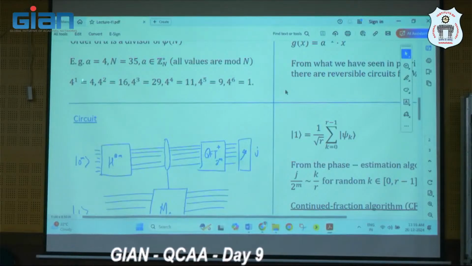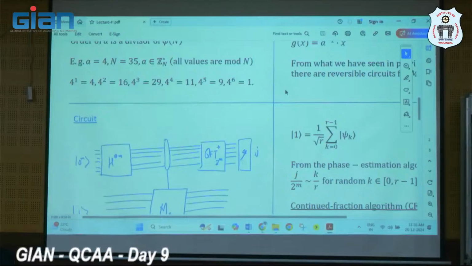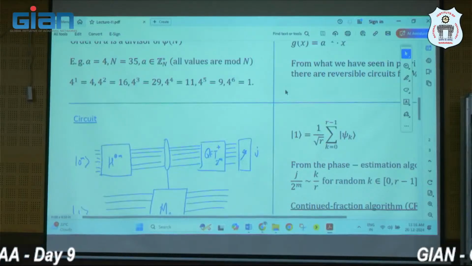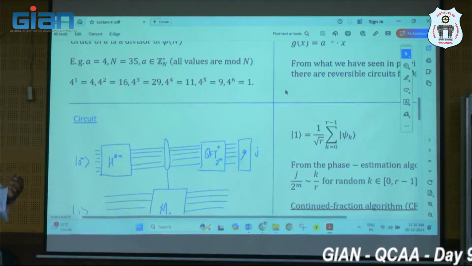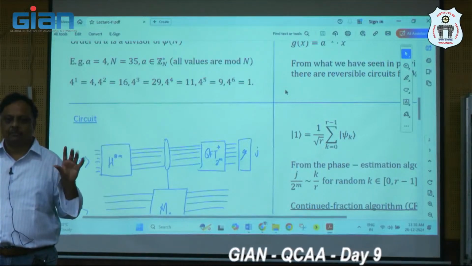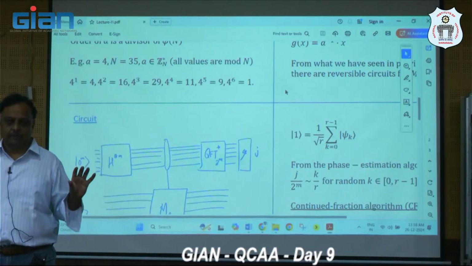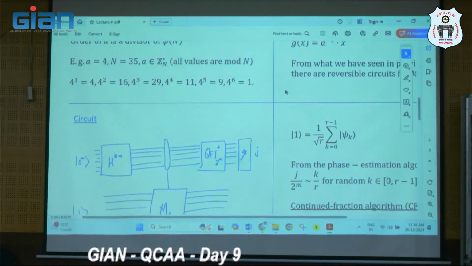Then 2, 3, 4, 5, not 1. 6 is 1. So that is the smallest number. That is the order. Clear? Smallest power of 4 which becomes 1 when we are doing mod 35. Agreed? Good. 6.